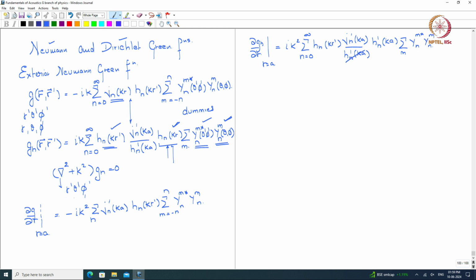So this cancels off. Now you can see that this is just the negative of the other. So now if you sum these two, it goes to 0.